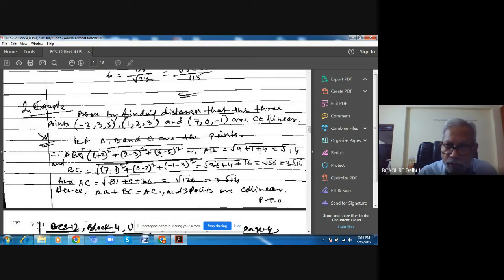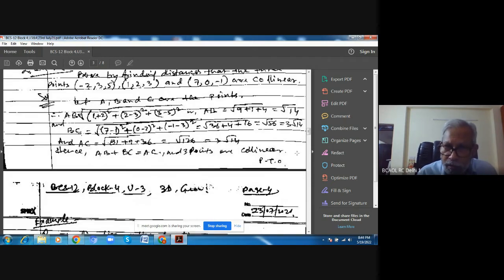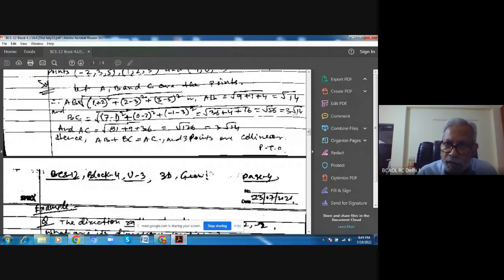You see here root over 14, then 3 root over 14, in this case 0. So root over 14 is common and it is 3 times. So it's a similar sequence, so we can say all are collinear.